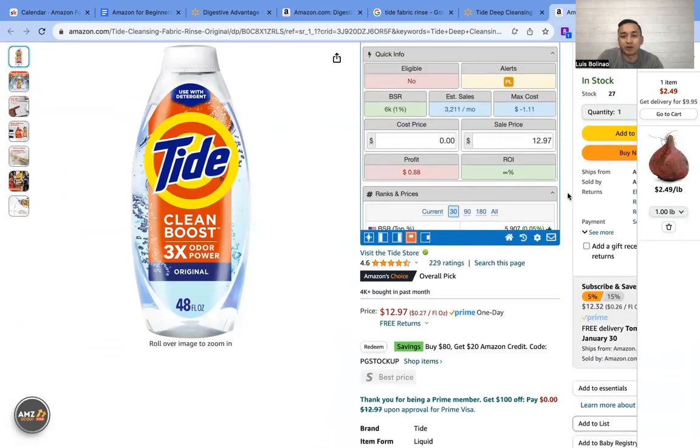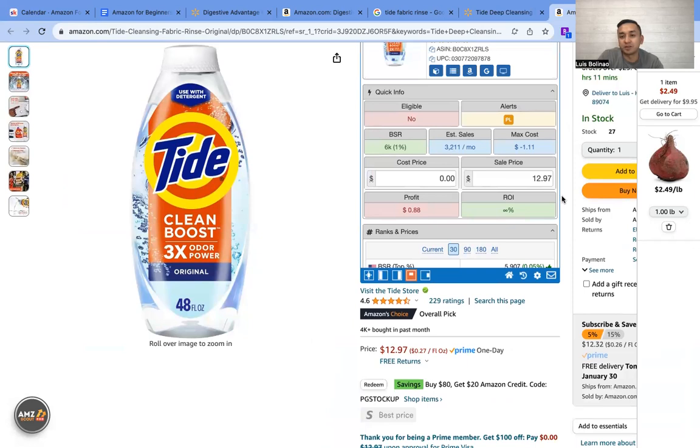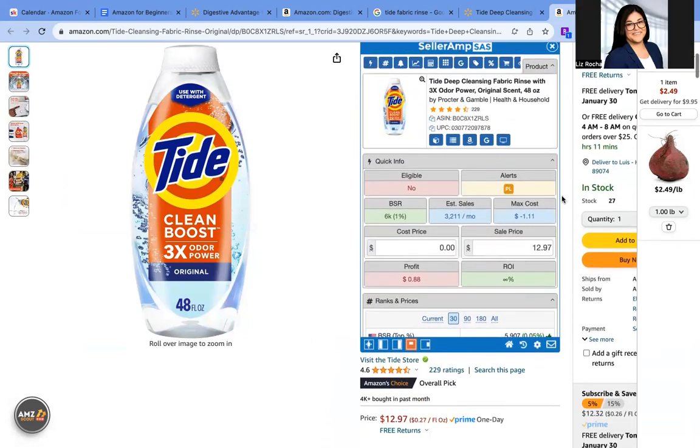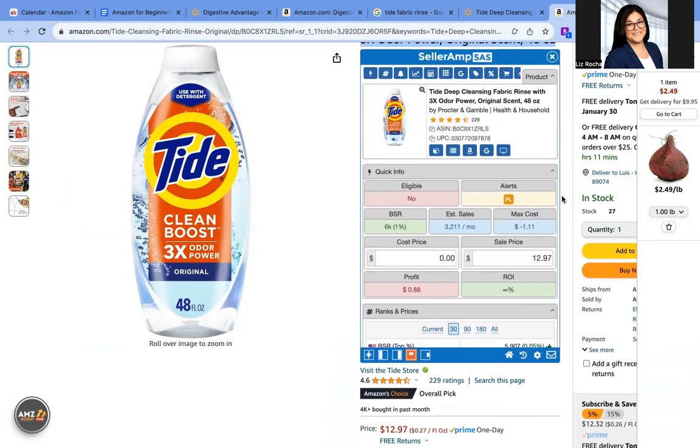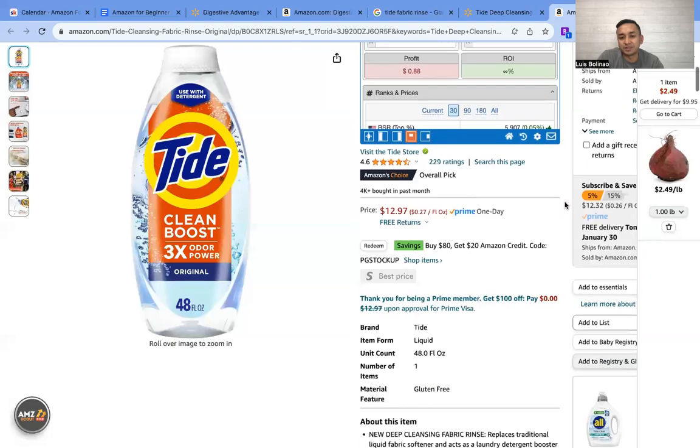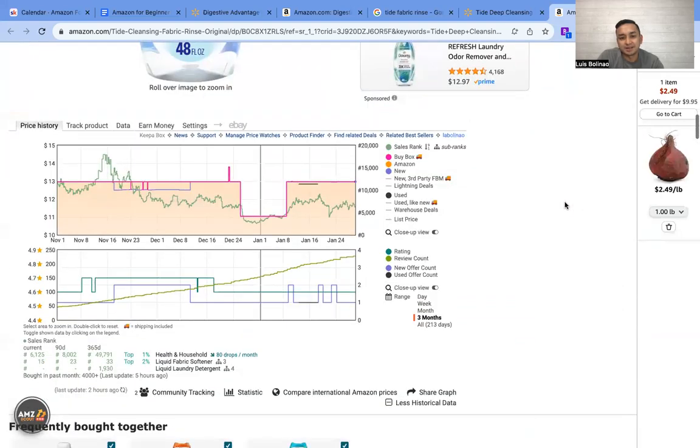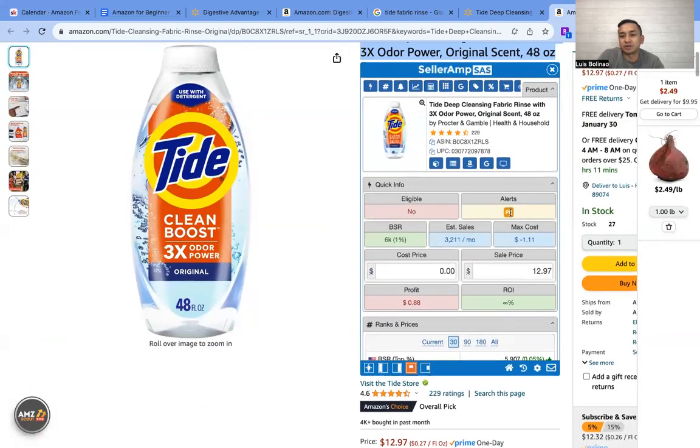So you want an example of how it looks when it's popular? Yeah, it says eligible: no, so that means it's gated, right? Yeah. And what does PL alerts mean? Oh, this one is private label, it says. But this one's not always accurate though.